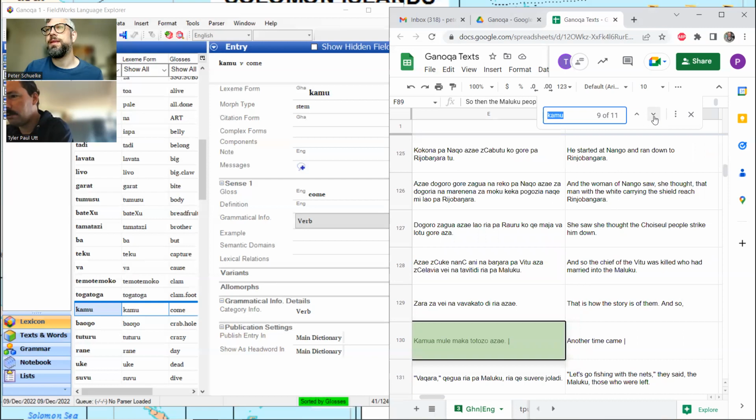I have a guess that it is do battle. Another time came. So okay, we have for return. Maka one auto time. So they arrived at another time. Transitive looking.